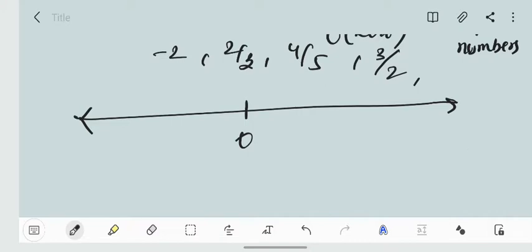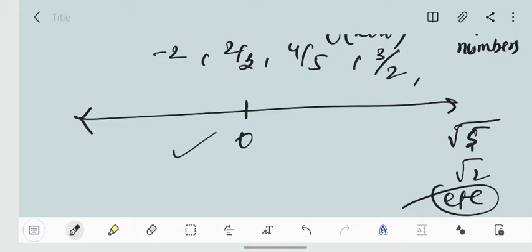So till the standard 10th we'll be studying only real numbers, and in 11th we'll be talking about imaginary numbers also. So irrational numbers like √5, √2, etc. can all be represented on the number line very easily.